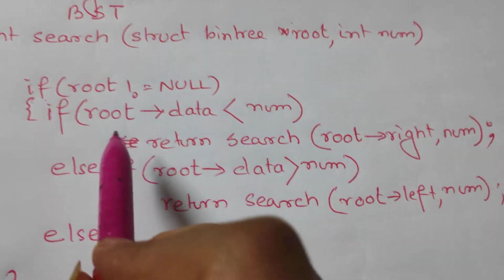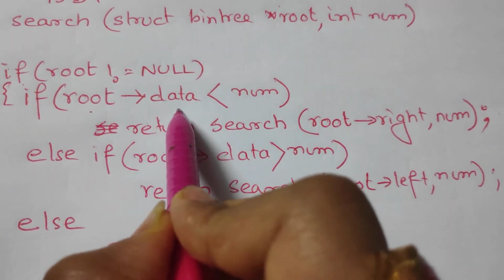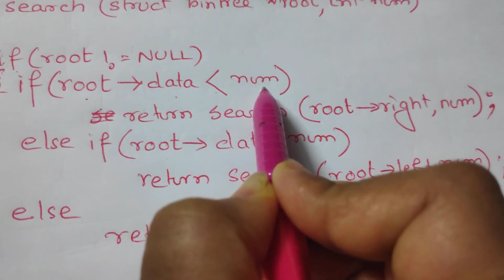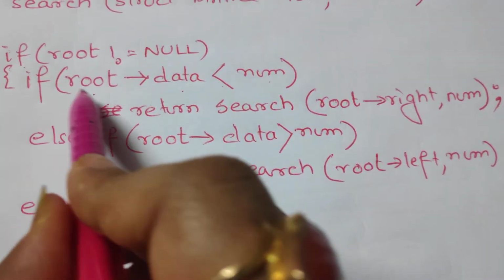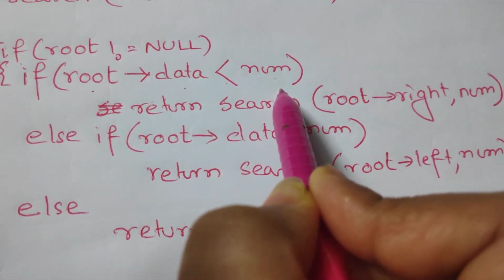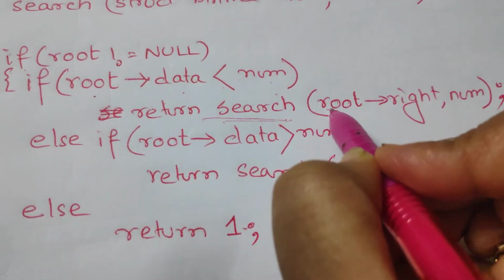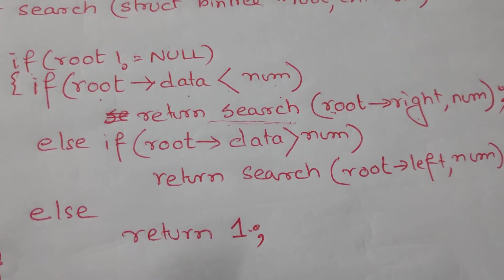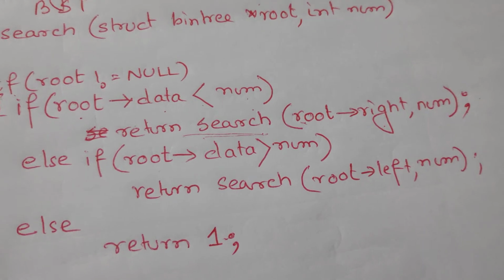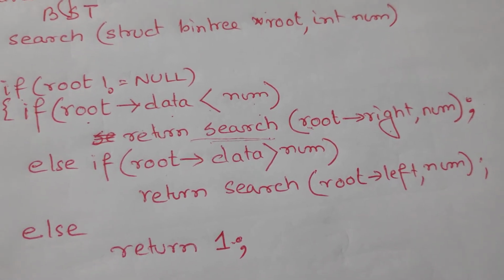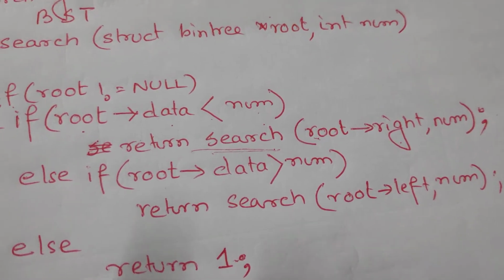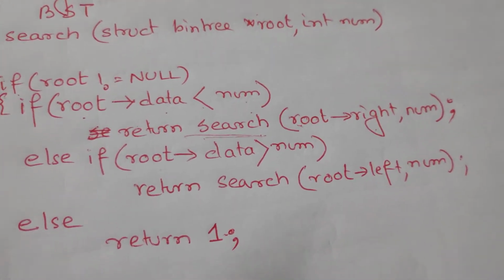So that is the reason, when the condition root data less than the number becomes true, we again call the search function using root right. Since root data is lesser than the number, we would be totally ignoring the left hand side of the root and coming to the right hand side.